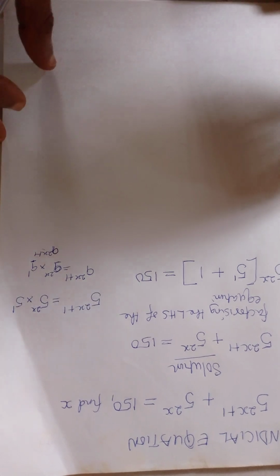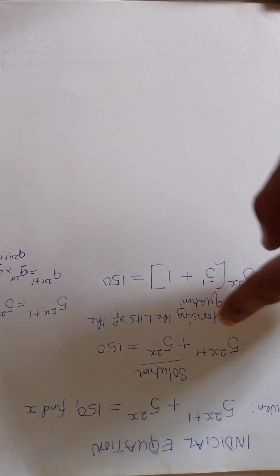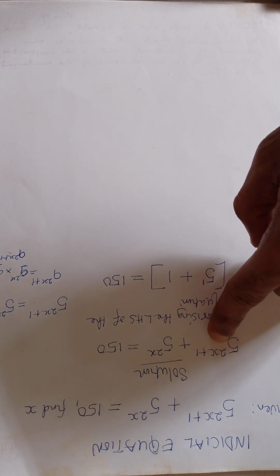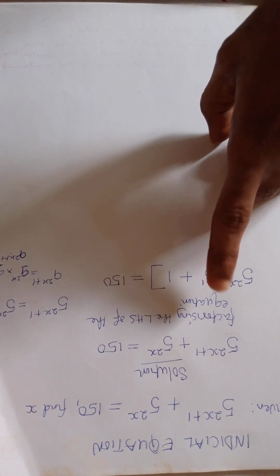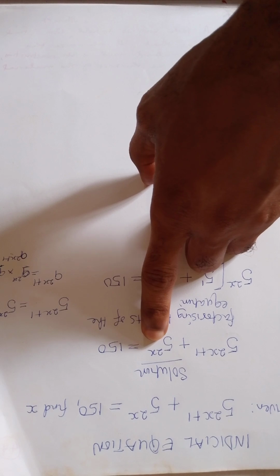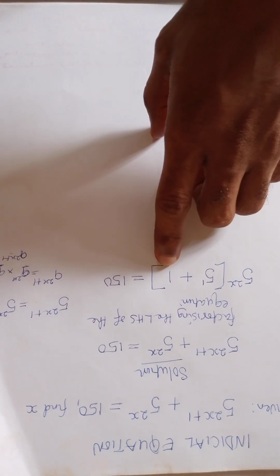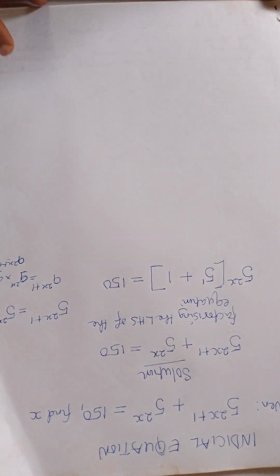So that's why, if you take out 5 raised to power 2x from this first part of the equation, you'll be having 5 raised to power 1 left. And if you take out 5 raised to power 2x here, you'll be having 1 left here. So this will be equal to 150.